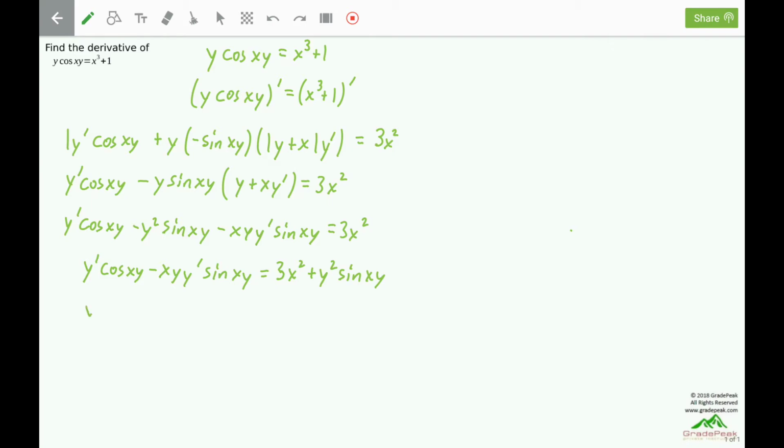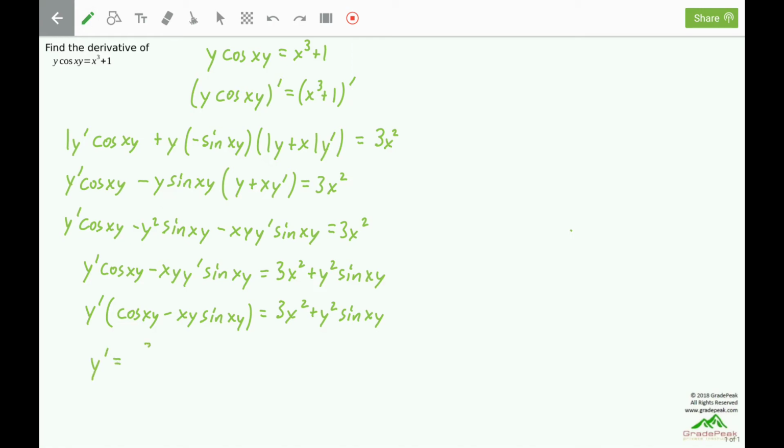We can now factor y prime out, and that'll give us cosine of xy minus xy sine of xy equals 3x squared plus y squared sine of xy. And now we can finish solving for y prime by dividing both sides by what's inside of the parentheses.